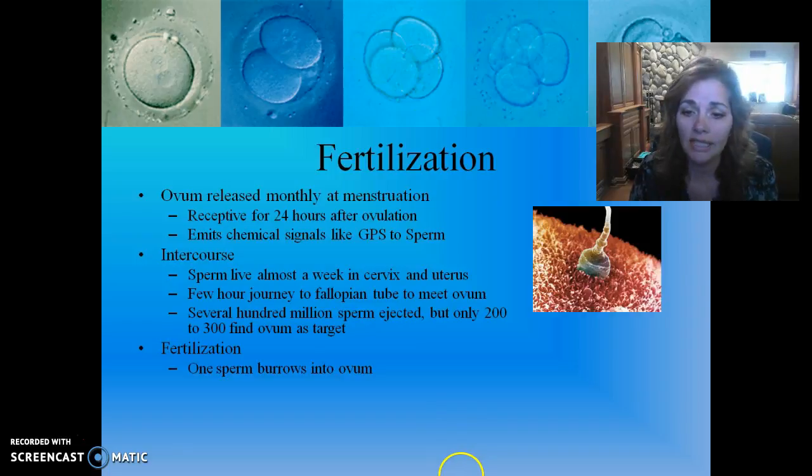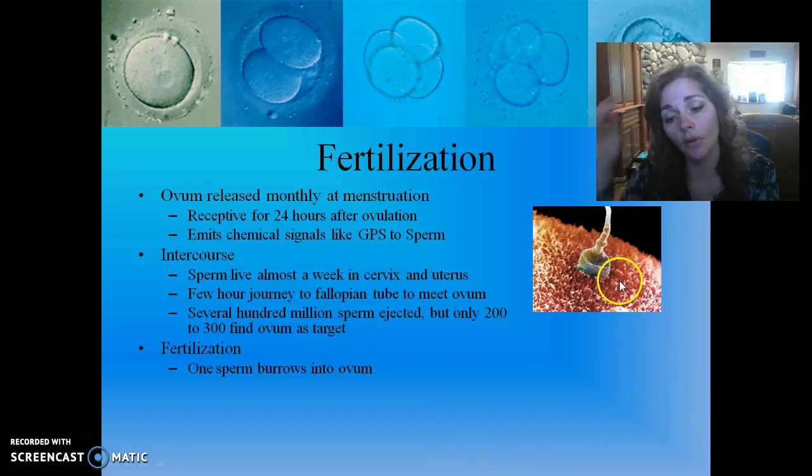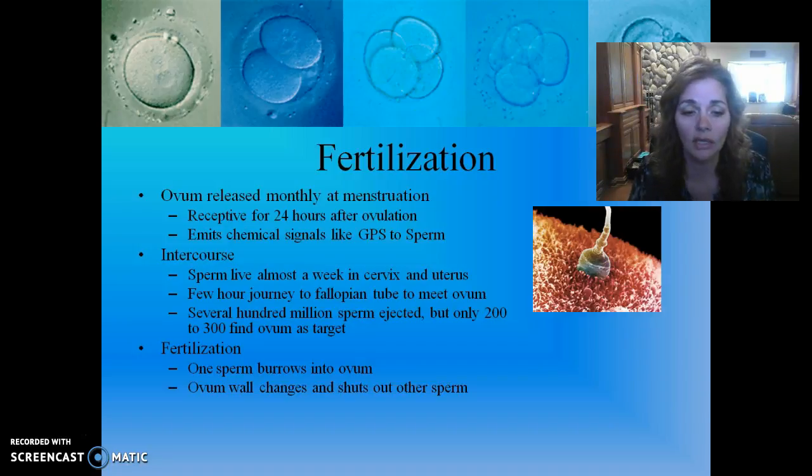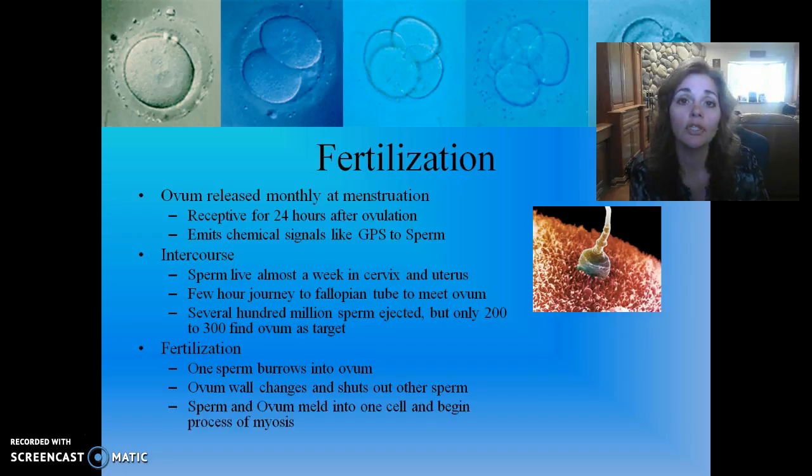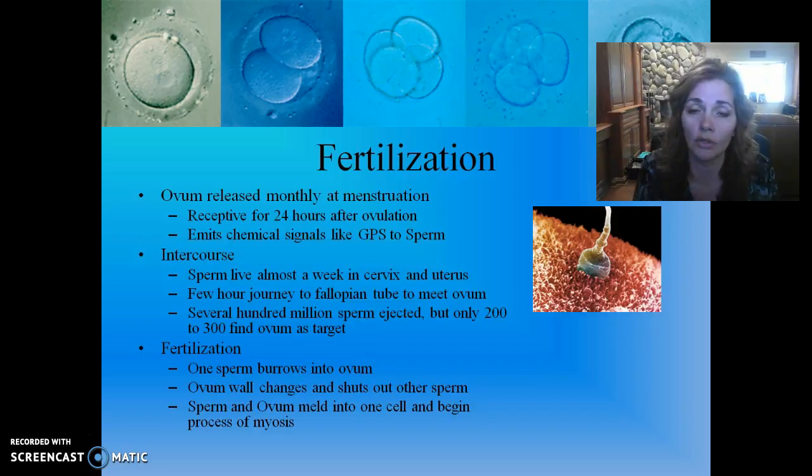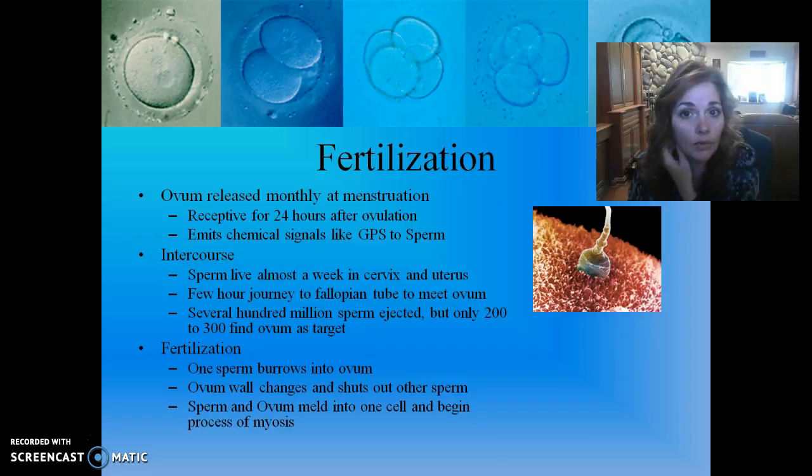And then with fertilization, only one sperm can fertilize one egg. As soon as that fertilization occurs, the wall shuts down and creates a very strong barrier that doesn't allow any other sperm to protrude. And then the two cells meld into each other to create what we call a zygote.